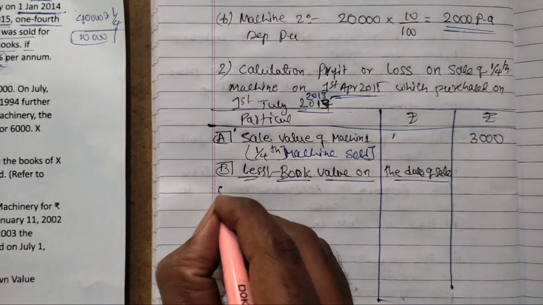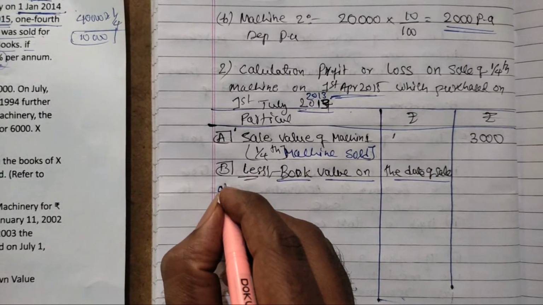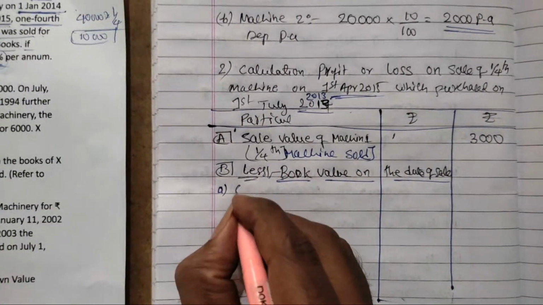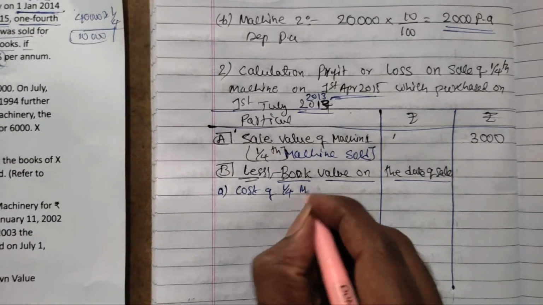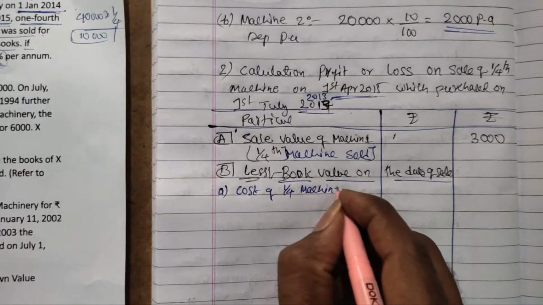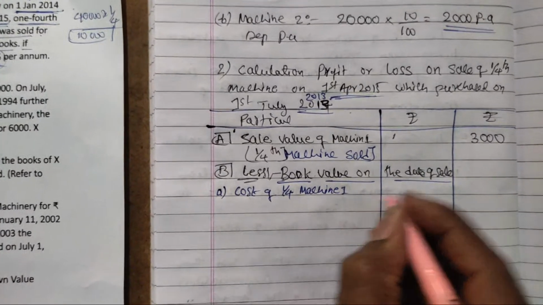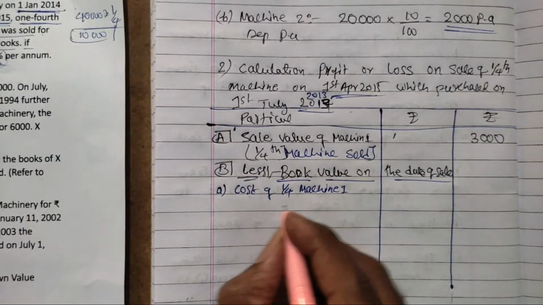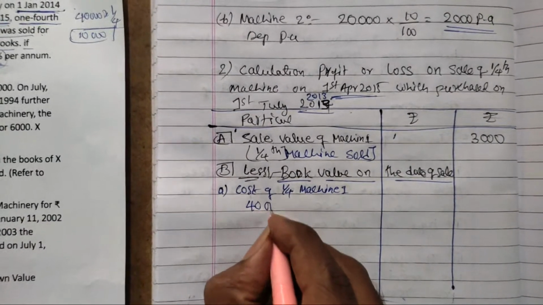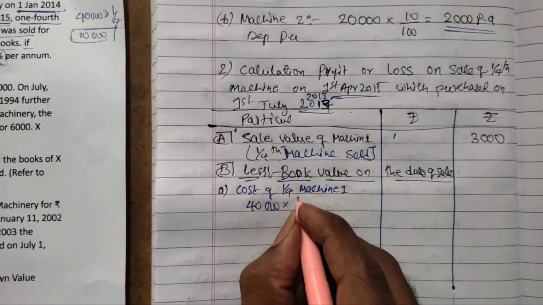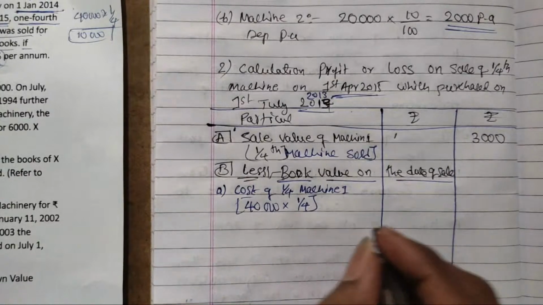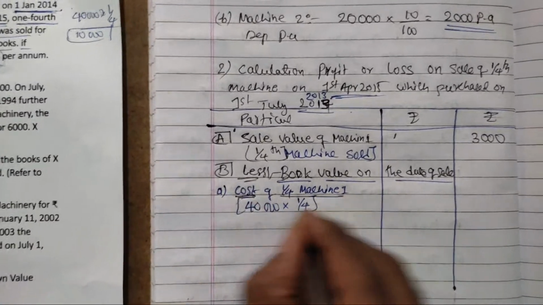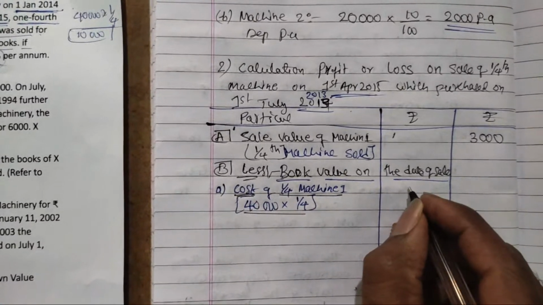So first, point small a, cost of 1/4 machine 1, 1/4 value, that is 40,000 into 1/4. This you need to take, cost of 1/4 machine 1. So how much is it?